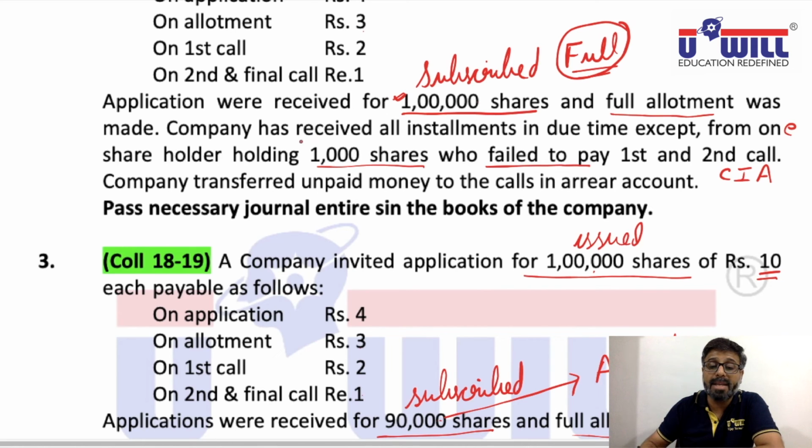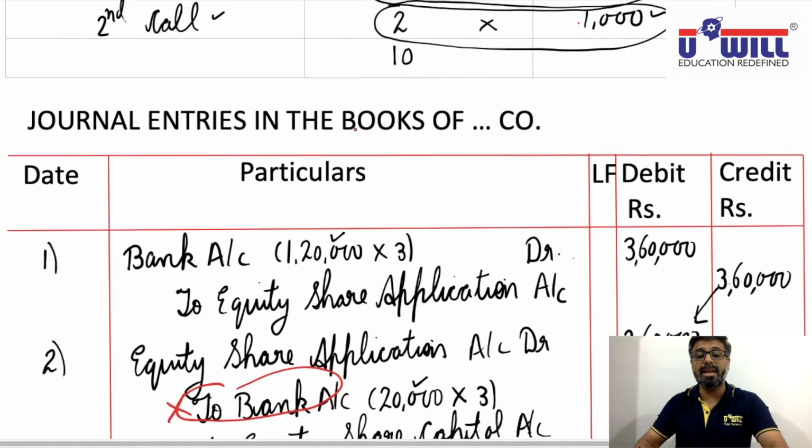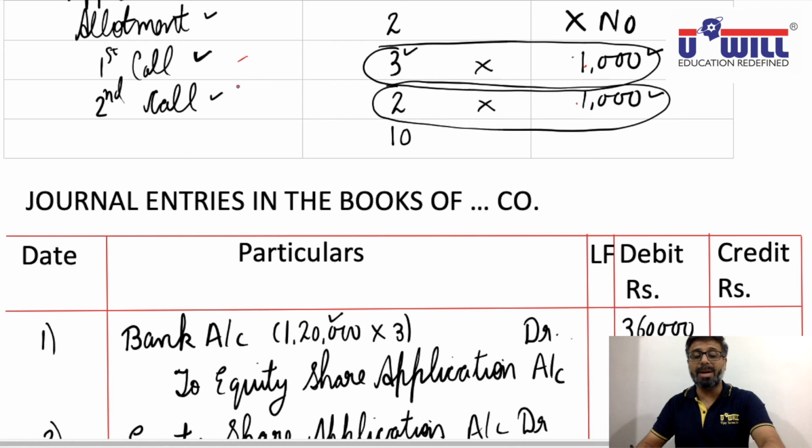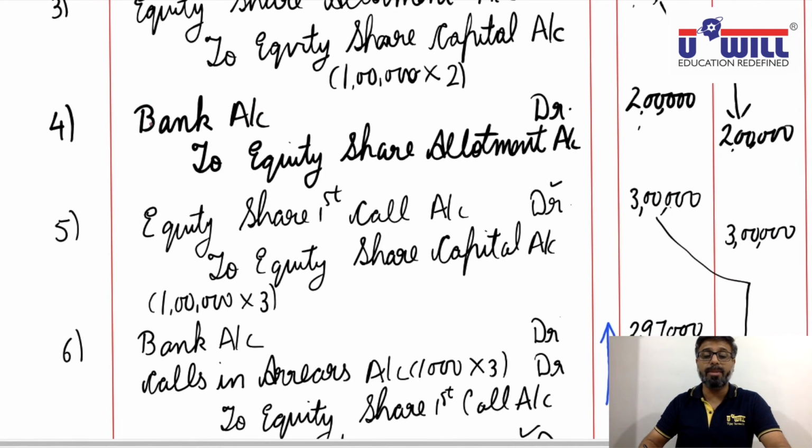Company has received all installments in due time except one shareholder holding 1000 shares who failed to pay first and second call. So these 1000 are calls in arrears, as we did in the previous question. Exactly same way, in first call and second call we have calls in arrears of 1000. So when you pass second and third, first and second calls receipt money entry, okay, in that situation you'll pass combined entry.